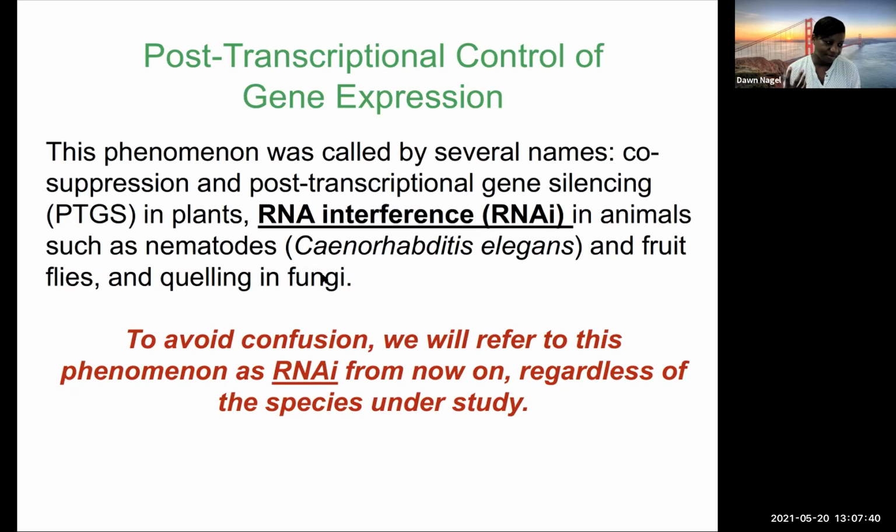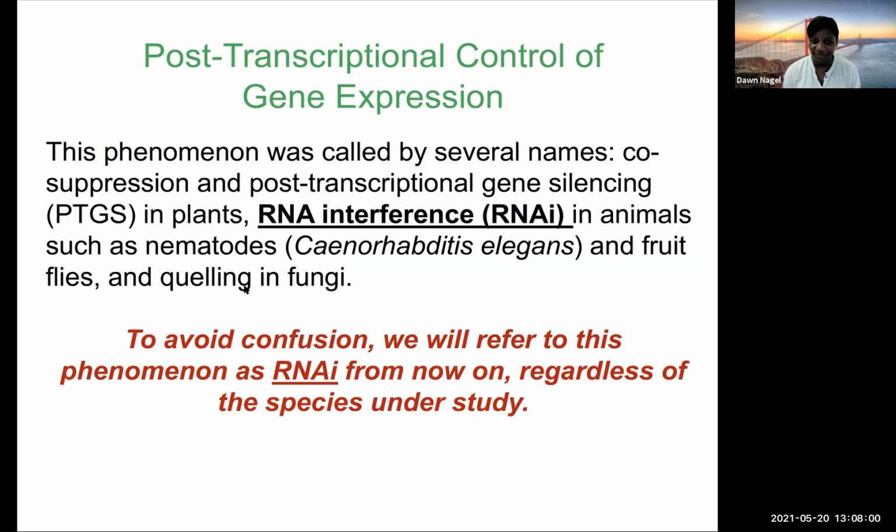Each researcher, depending on the organism, called them very different things. So it was either referred to as co-suppression, post-transcriptional gene silencing, or other types of names. But we know now that the central name that everyone agreed upon was RNAi.